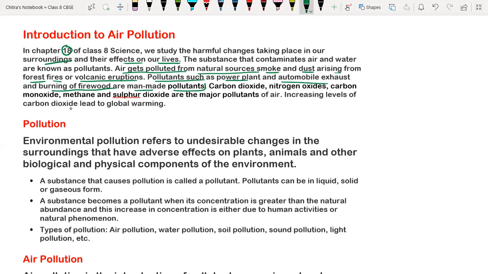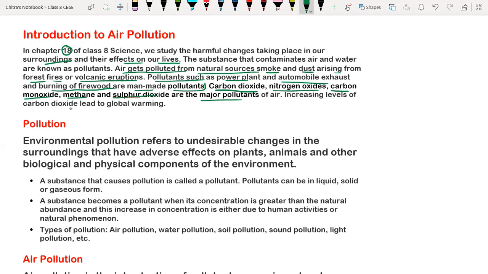So here we have to understand what pollutants are. Pollutants are the factors which cause air pollution, and are called air pollutants. Examples are carbon dioxide, nitrogen oxide, carbon monoxide, methane and sulfur dioxide, which are the major air pollutants.